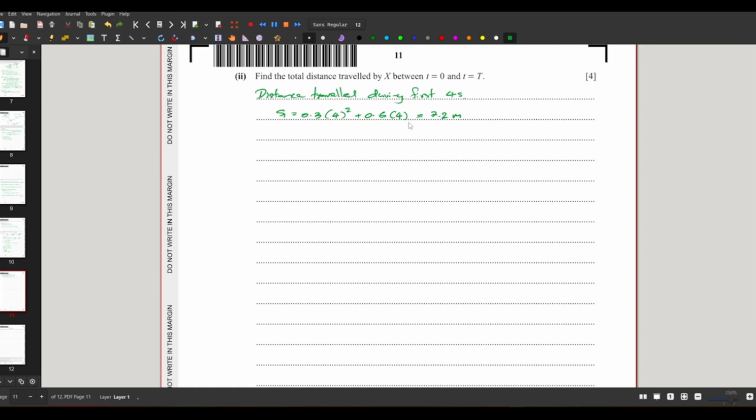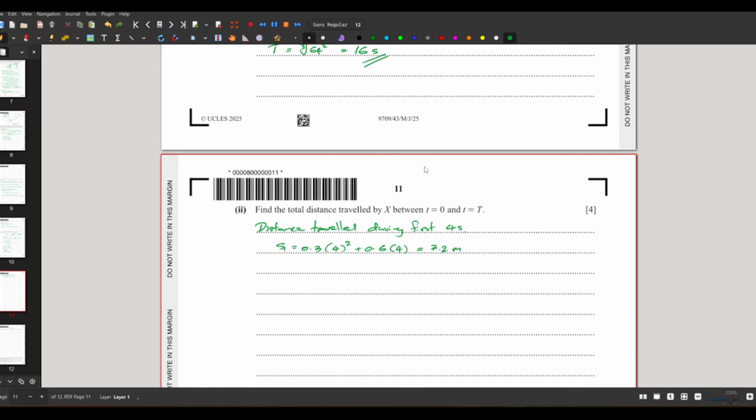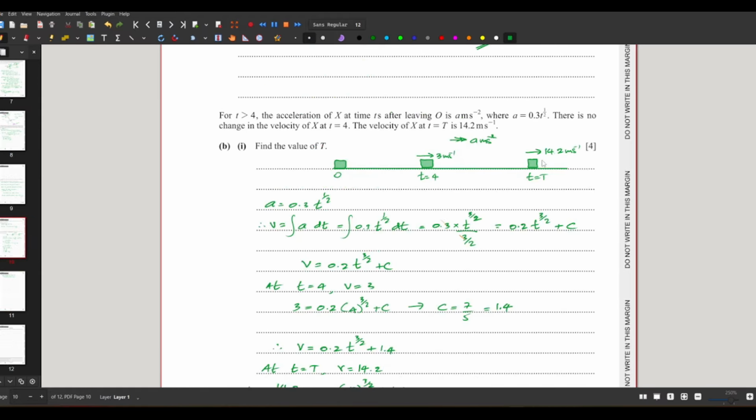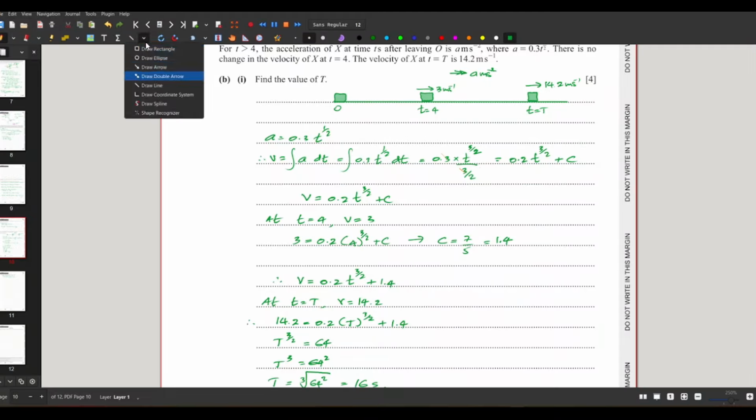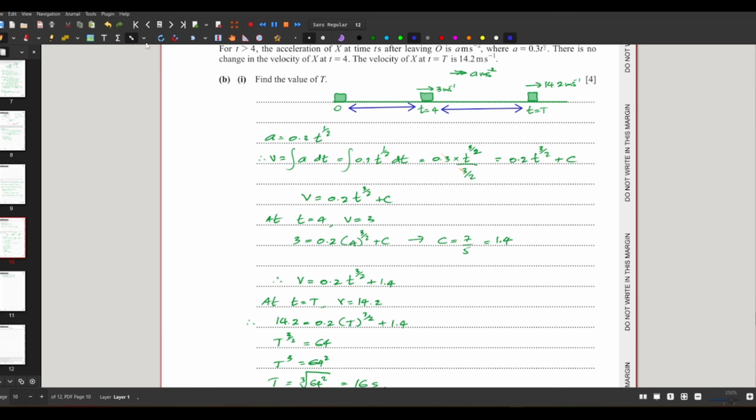Okay. Then we have to find the distance traveled after 4 seconds. So that means from 4 seconds to 16. Let's say this is S1, this is S2.